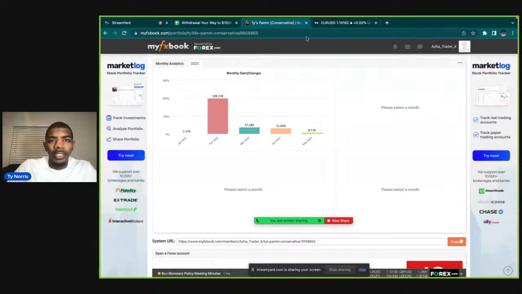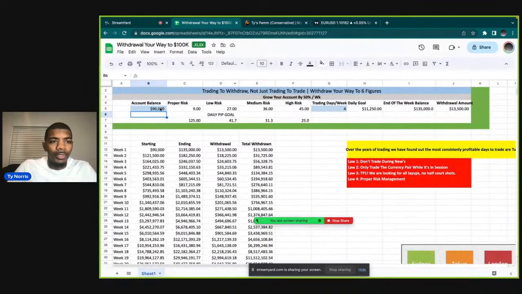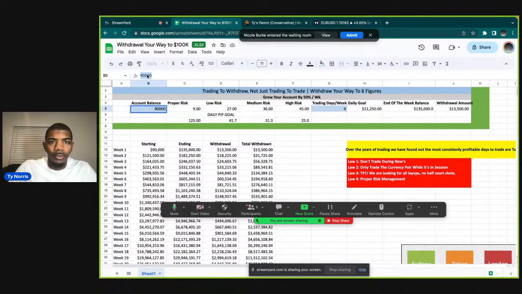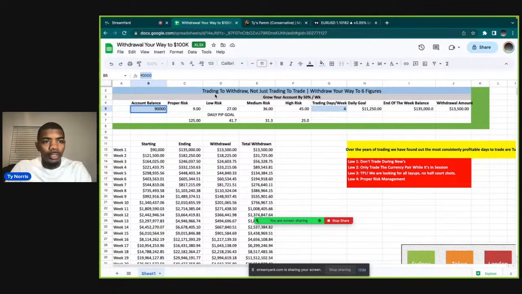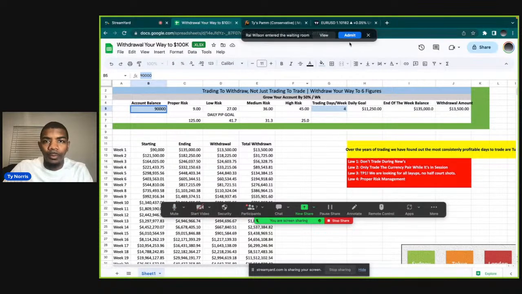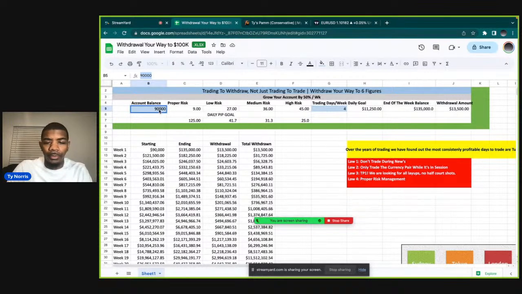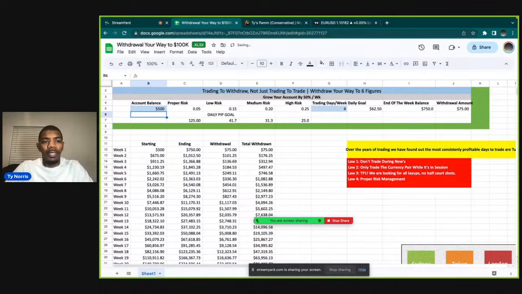Another thing that you will also get with this indicator, if you purchase it, is this Withdraw Your Way to 100K sheet. With this, you can come in right here and enter your account balance, and it will tell you what lot sizes to run.